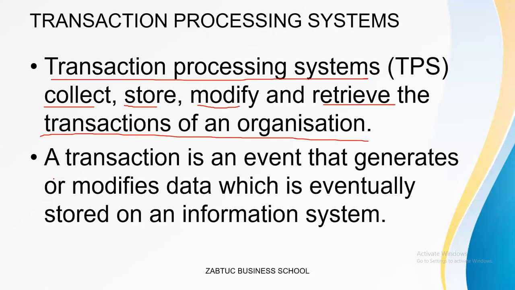According to people in IT, we all say the same thing. A transaction is simply an event that generates or modifies data, which is eventually stored in an information system. Like when there's an order, there's a purchase, there's a sale. Those are events which generate data. And this data is captured.